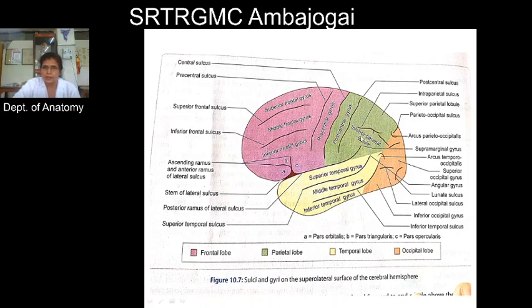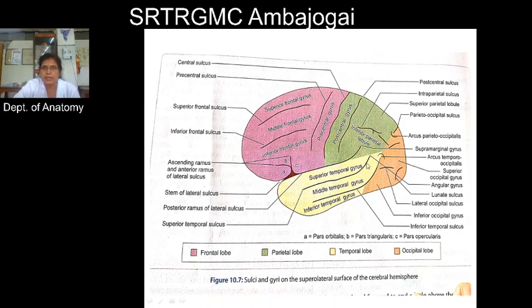Now the part of this inferior parietal lobule which lies around the posterior upturned end of this posterior ramus of lateral sulcus, this area is called the supramarginal gyrus. So this supramarginal gyrus is the area present around this upturned posterior end of this posterior ramus.